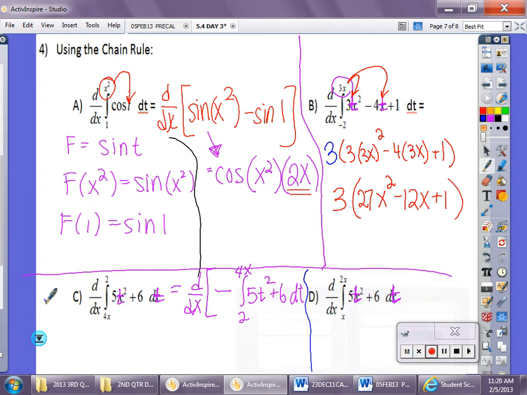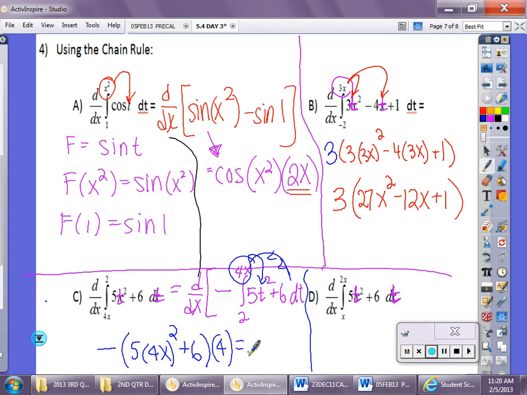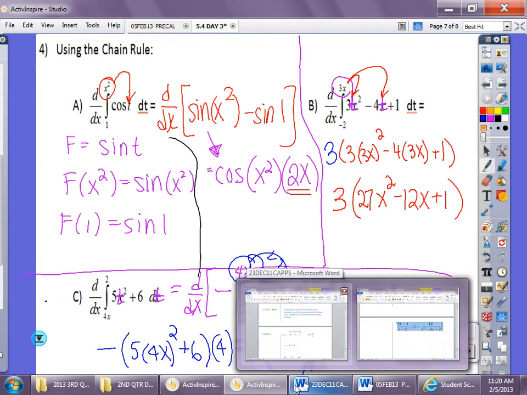So, what do we get here? We're going to place that in for t. Just a big old negative multiplied by 5 times (4x) squared, plus 6, and then the whole thing multiplied by a 4. So my final answer would be negative 4 multiplied by 4 squared is 16 times 5 is 80, x squared plus 6.